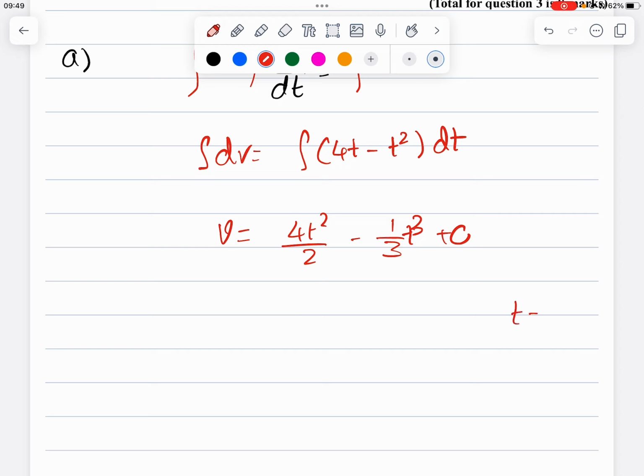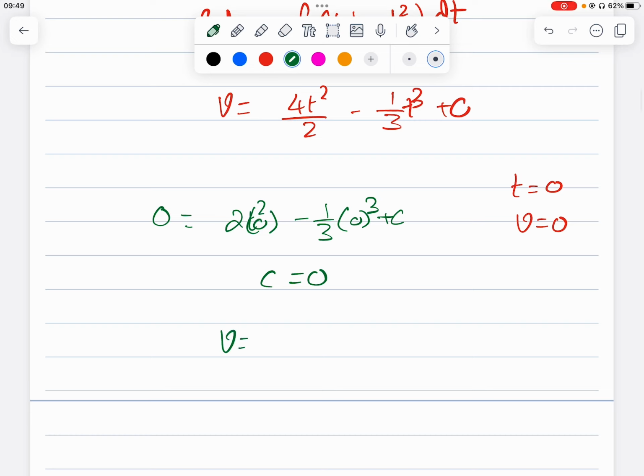Now it has been given velocity equals 0 when t = 0. So 0 = 2(0²) - (1/3)(0³) + c, which gives me c = 0. So what is the equation for velocity? v = 2t² - t³/3.